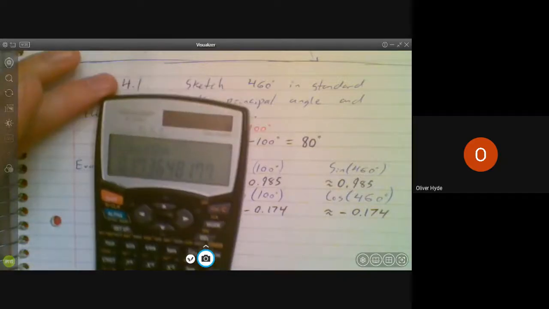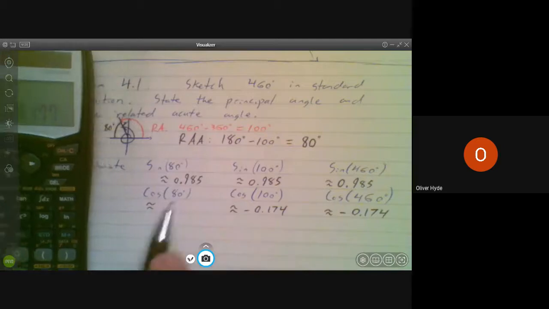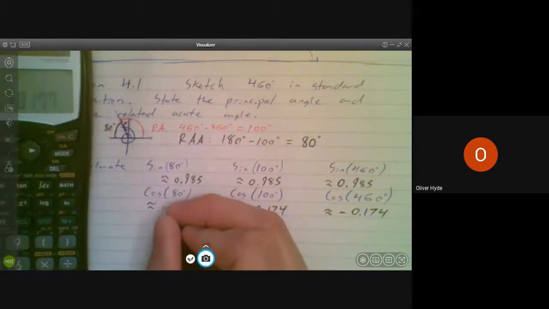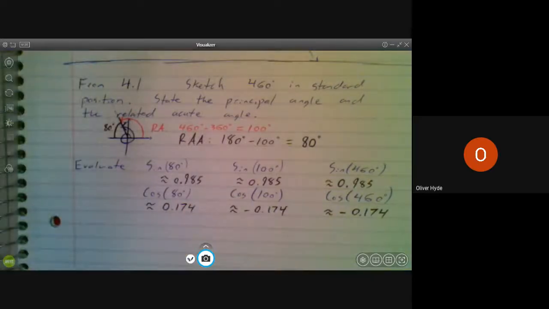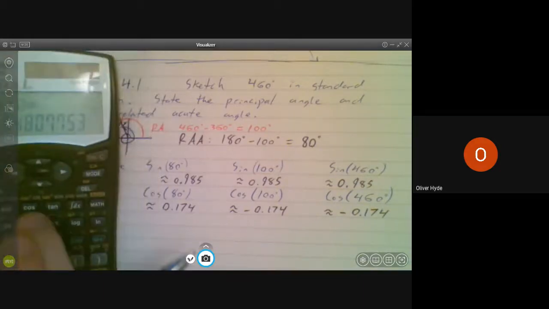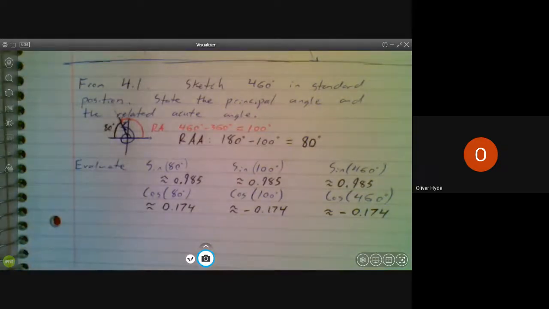Most of the trig that you did in grade 10 was for acute angles, and most of your ratios were positive. The cosine of 80 degrees is not equal to the cosine of 100 degrees, but it is related to the cosine of 100 degrees. It is not as clearly related to the cosine of 10 degrees, which is why it's so important for us to go to the closest x-axis.